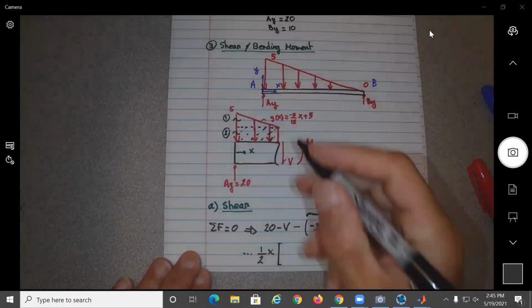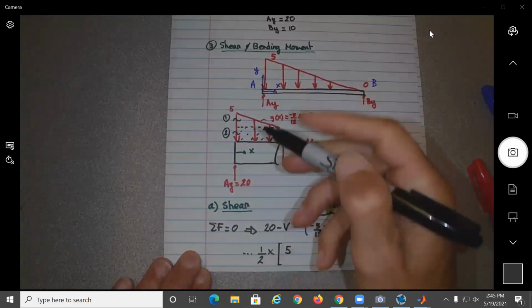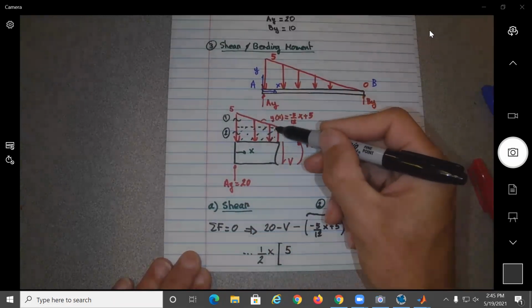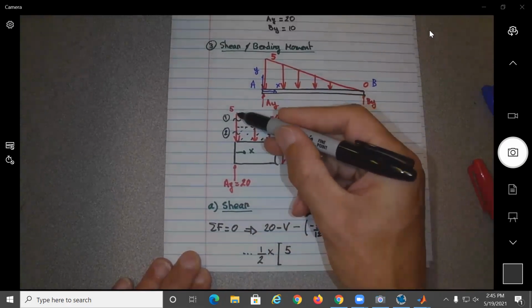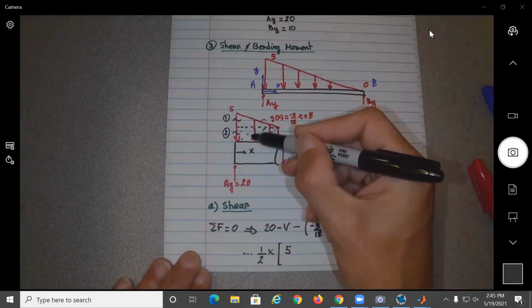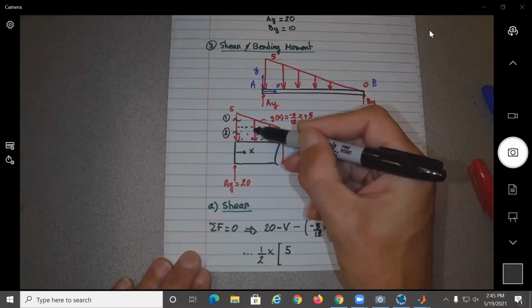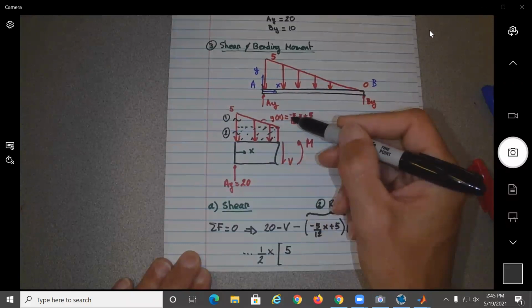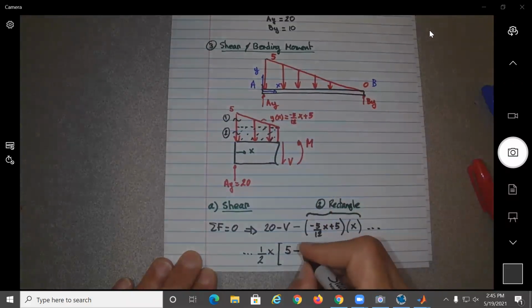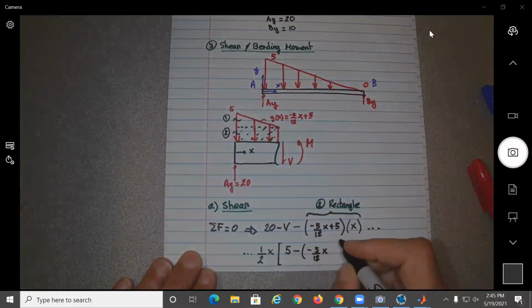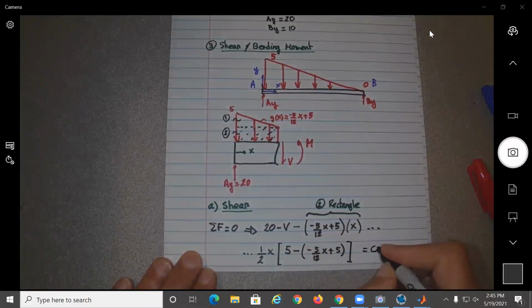Would be 5 minus whatever is this height. So it's 5 minus whatever is this. Yes? Yeah? And that would be given by what? By the equation of this line. So 5 minus negative 5/12 of x plus 5. Equal to 0.